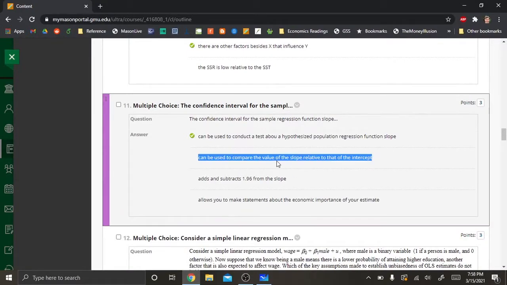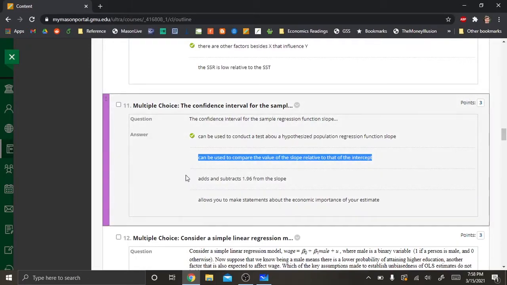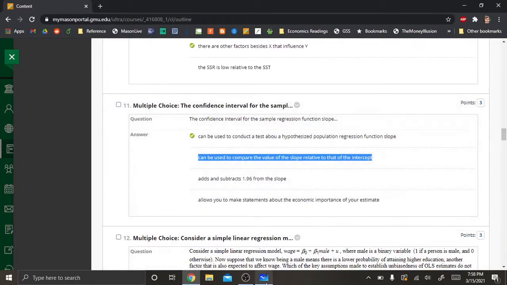Can be used to compare the value of the slope relative to that of the intercept. No. What we can do with a confidence interval is conduct a test about a hypothesized population regression function slope.